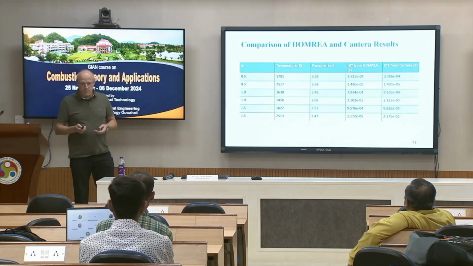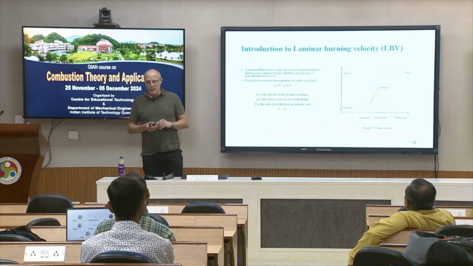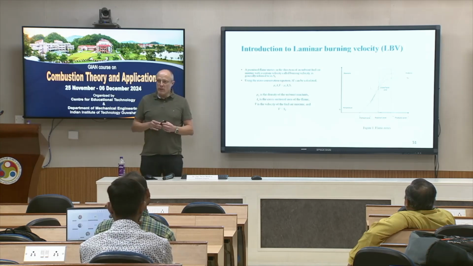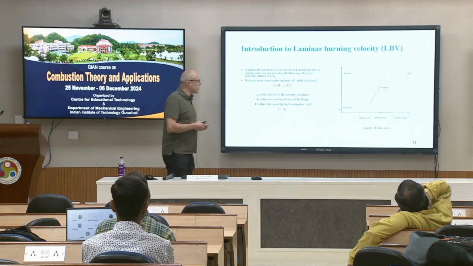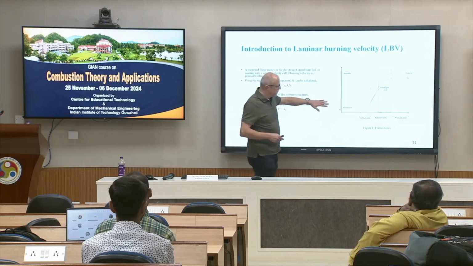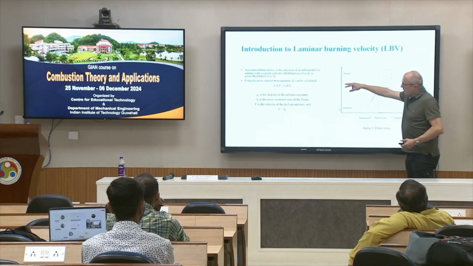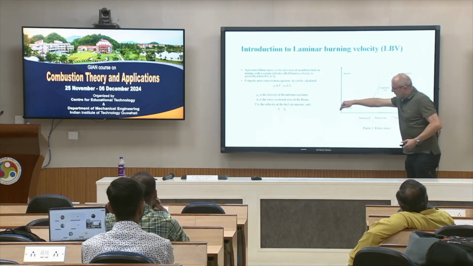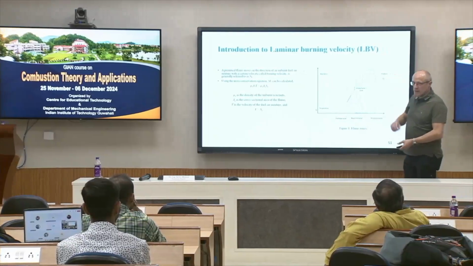You cannot use it. When we go to the laminar burning velocity, in the morning we had the batch reactor, 0D configuration. Here we have a 1D configuration. So we have a flow from left to the right, with cold unburnt mixture on the left-hand side, then the reaction zone, and then the hot exhaust gas.